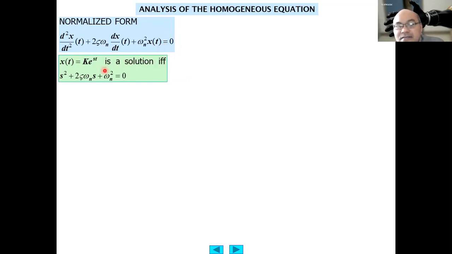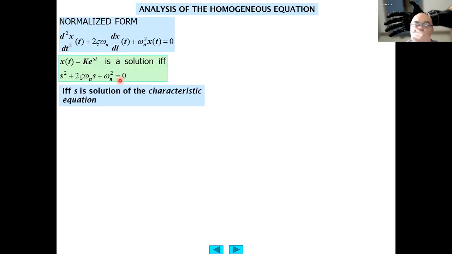It means this is true under this condition, but also vice versa. So s square plus 2 zeta omega n s plus omega n square equals 0 is true only if the solution x(t) equals k, a constant, times exponent of s times t.